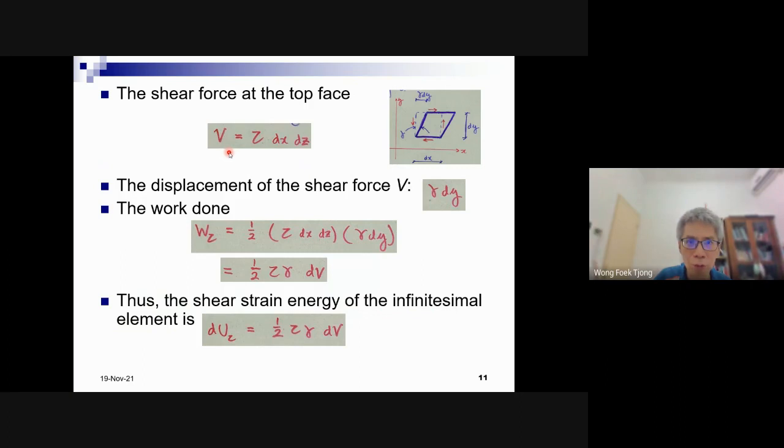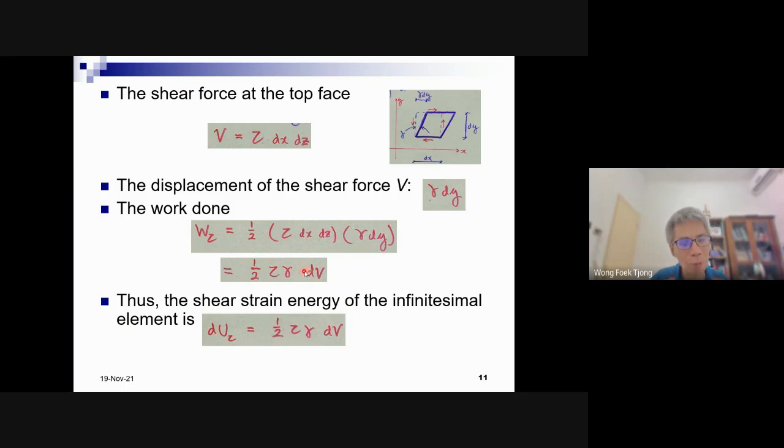Why do we need to calculate the shearing force? Because we want to calculate the work done by the shearing force. The work done is the shearing force times the displacement of the top face, which is gamma dy. So the result is 1/2, because we assume the material is linear elastic, 1/2 tau gamma dx dy dz, where dx dy dz is dV.